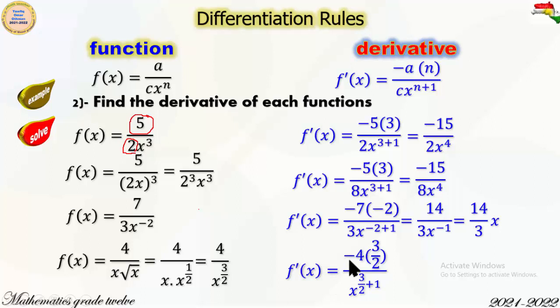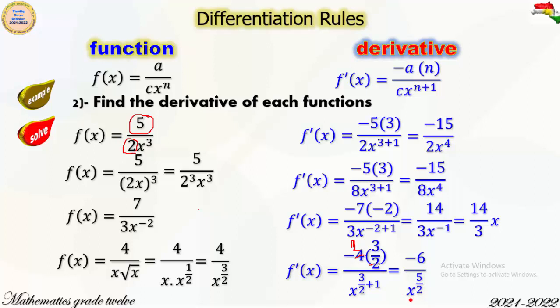First of all, write minus, then the number at the numerator, then the power 3 over 2 times, then add to the power 1, which becomes cancelling 2 with 4, it remains 2, and minus 2 times 3 is minus 6, and then 3 over 2 plus 1 is 5 over 2.